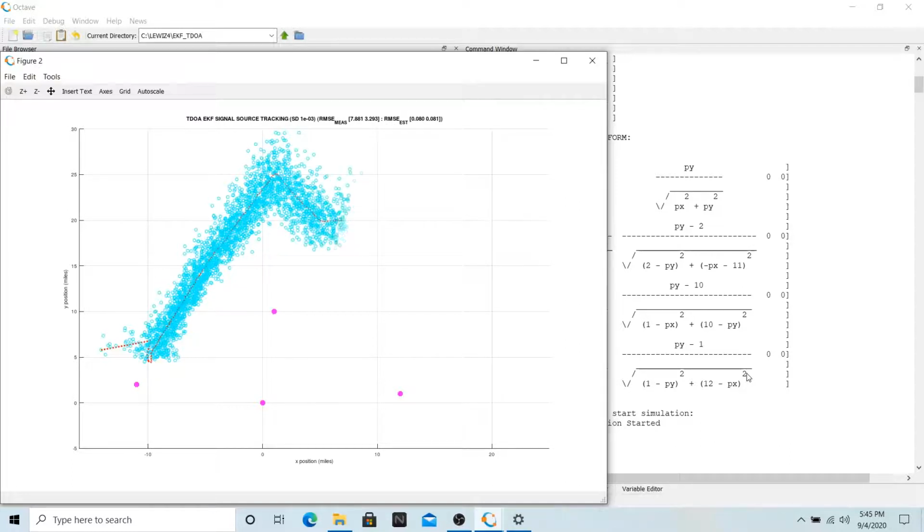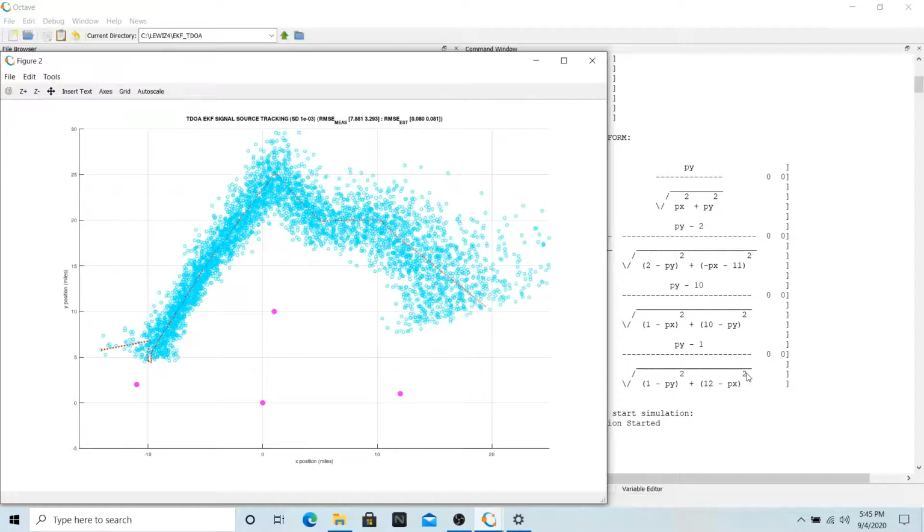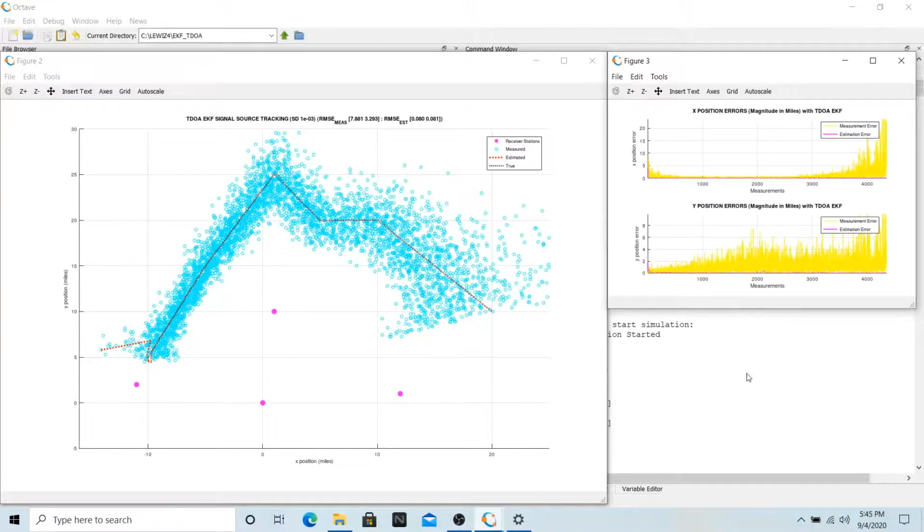As you can already see, the estimation by this filter is extremely precise and reduces the error significantly. On the right side window, you can see that the estimation error is greatly reduced by the extended Kalman filter.